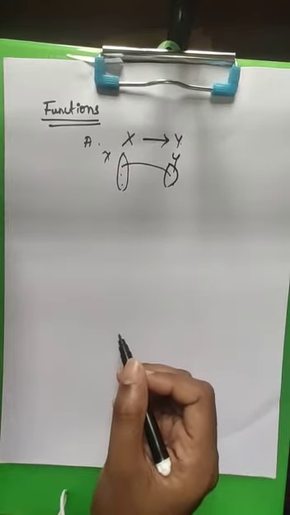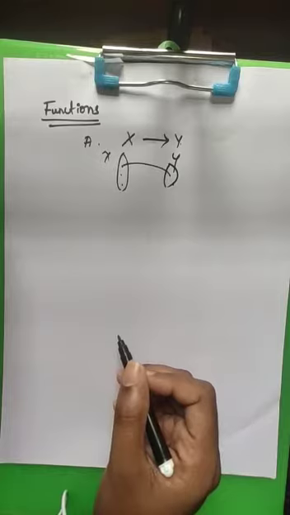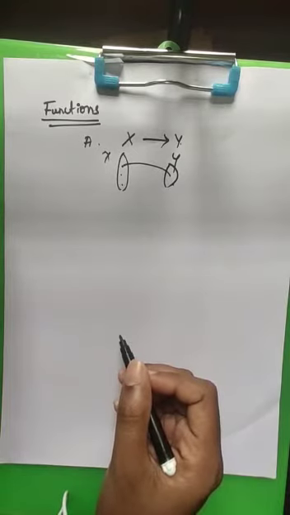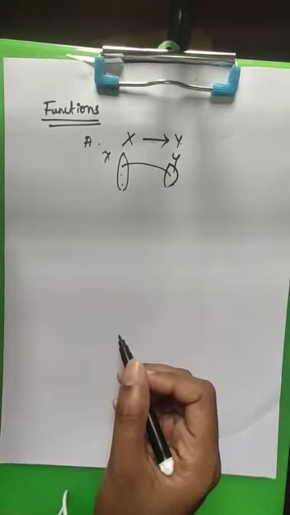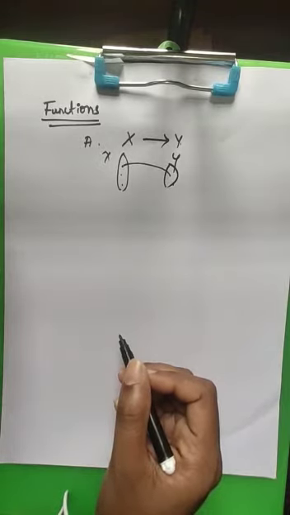That is, every element in x has a single image in y. Only then the given relation is said to be a function.